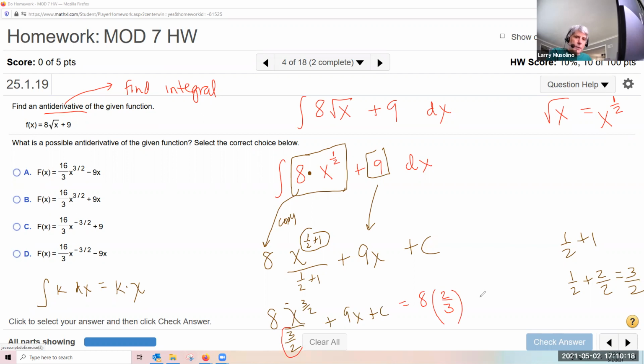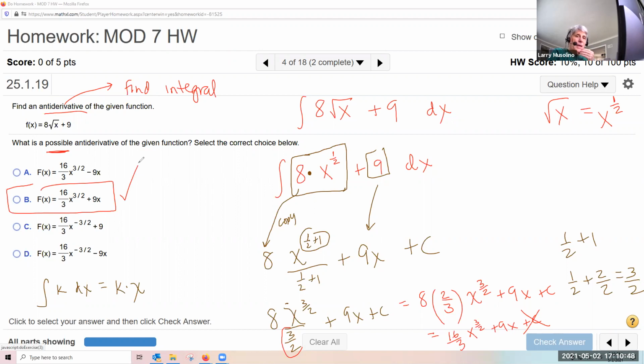So I just flipped 3/2 upside down. That's how I got 2/3. And here's what I'm ending up with. This would be 16/3 x to the 3/2 plus 9x plus c. And again, they said a possible antiderivative here. So let's assume c is 0. So I'm looking for 16/3 x to the 3/2 plus 9x. It looks like it's this answer B here.